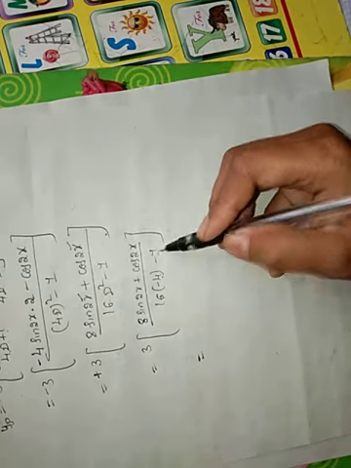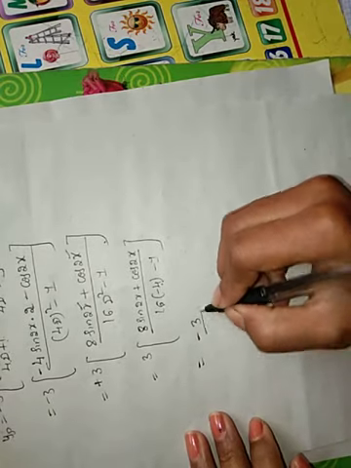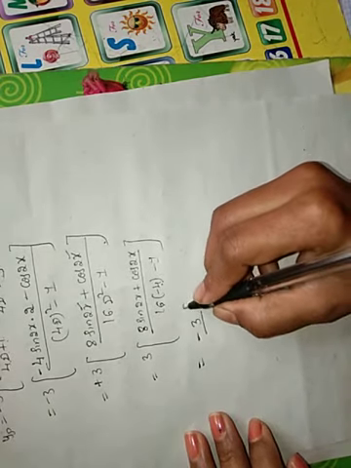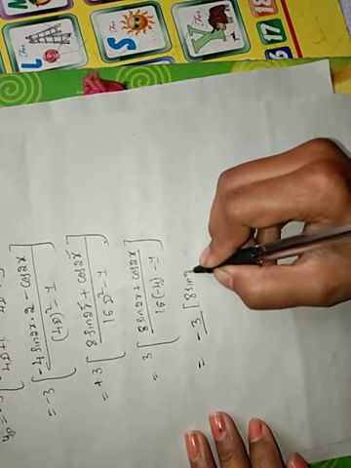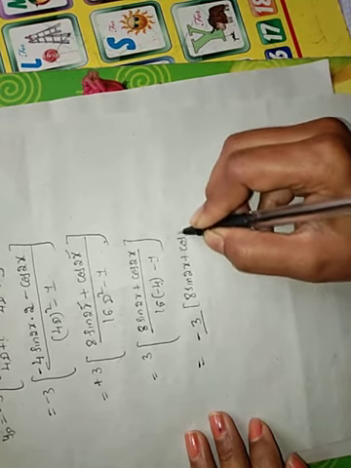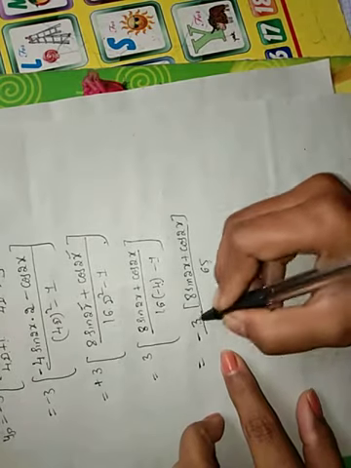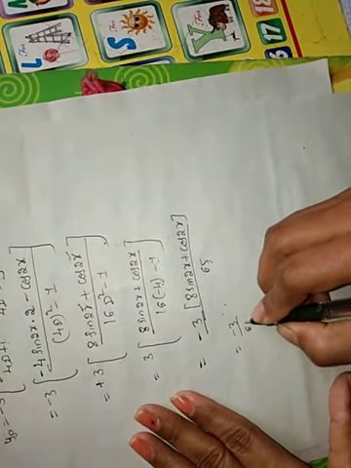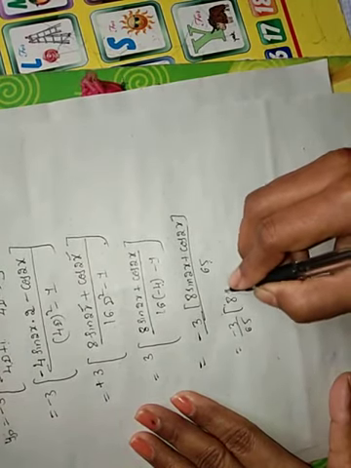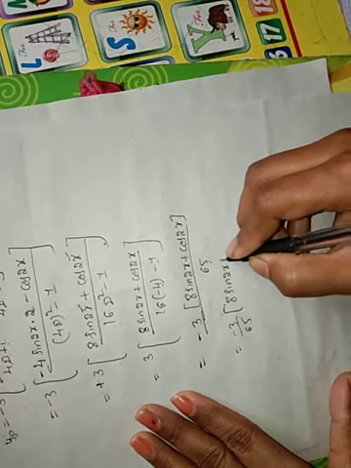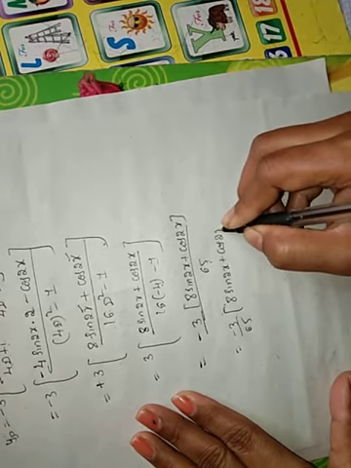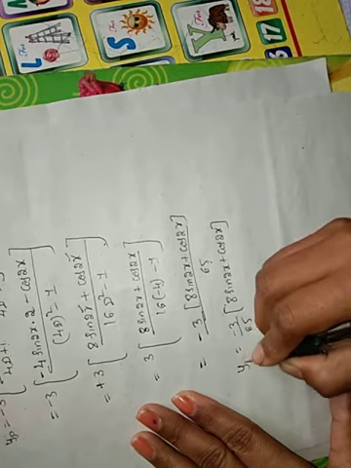Minus 64 minus 1 is minus 65. So directly write the 65. The minus sign can be taken on both numerator and denominator here. So minus 3 divided by 65 into bracket 8 sin 2x plus cos 2x is your particular integral.